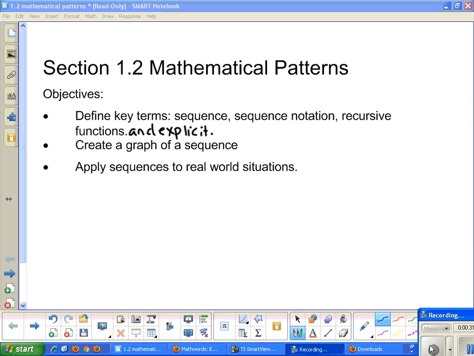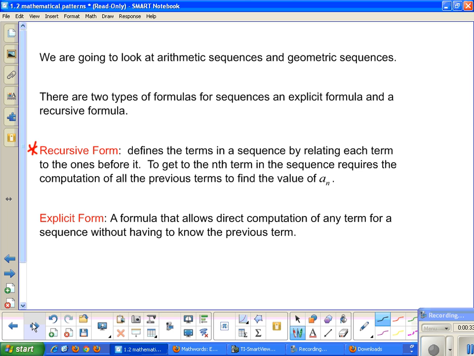So for right now, let's talk about arithmetic sequences and geometrics. Those are the two different types that we're going to look at. And there are also two different types of formulas for these sequences. We have what's called a recursive form and an explicit form. Recursive form defines the terms in a sequence by relating each term to the ones before it.